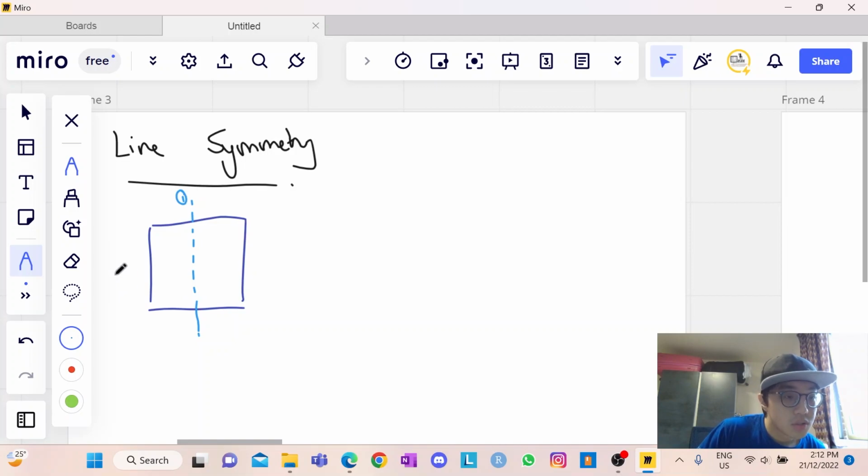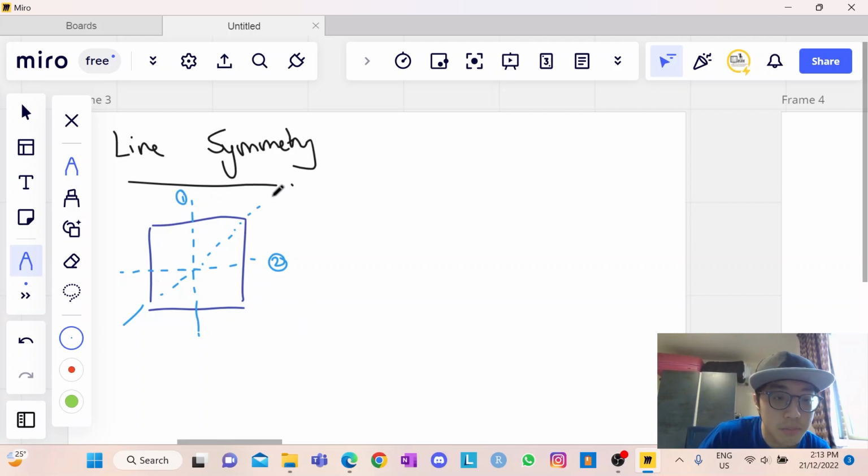If you do a dotted line to cut the square into the top and bottom, this is the second line symmetry, because it will yield the same area between the top and the bottom. For the third one, we cross it out from the diagonals. The top left and the bottom right have equal area here.